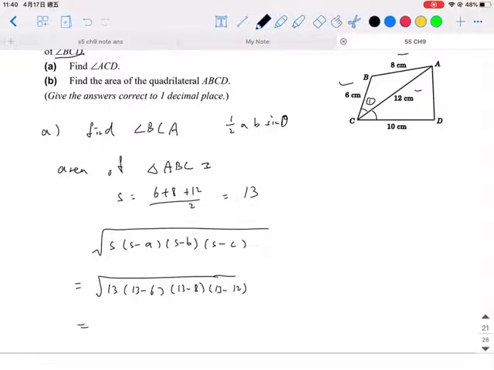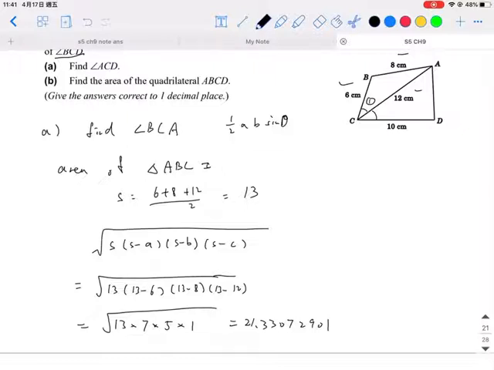And therefore, you will get, so wait a moment, it's 13 times 7 times 5 times 1. And so the area should be 21.33072901.